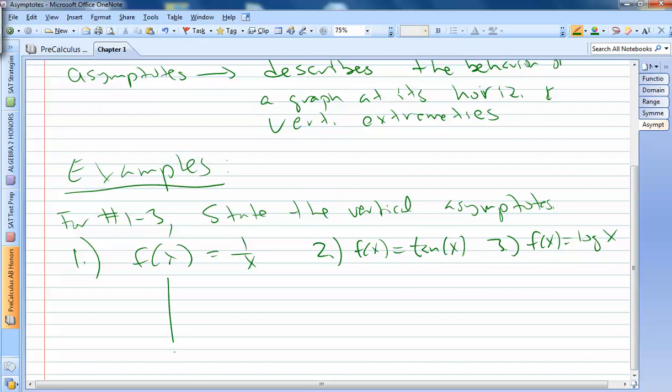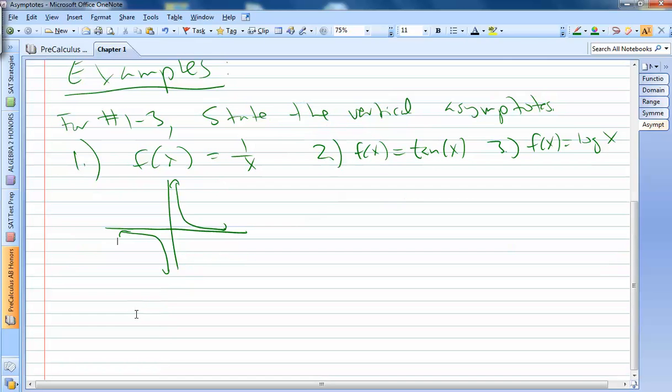Now if you were to graph this in the calculator, you get something that kind of looks like this here. And if we think about it, when x gets really, really close to 0, y is either getting really big or really small.